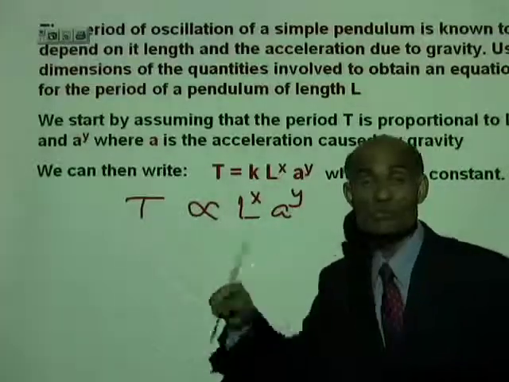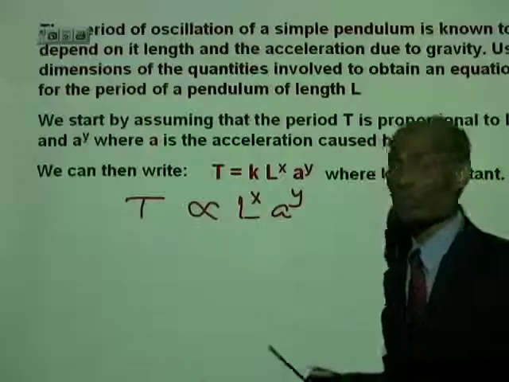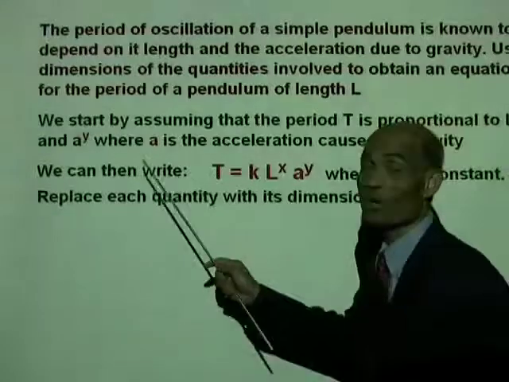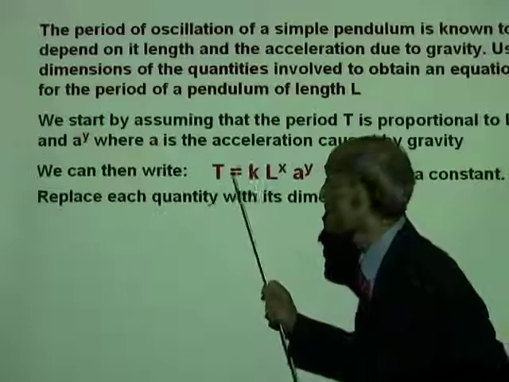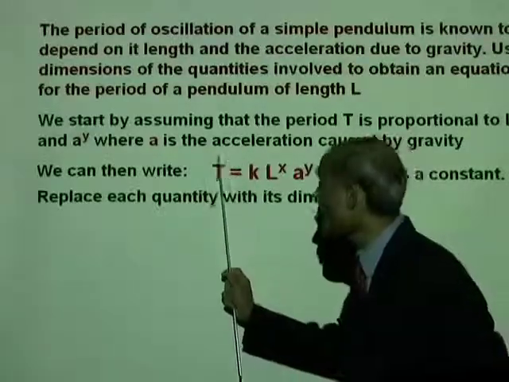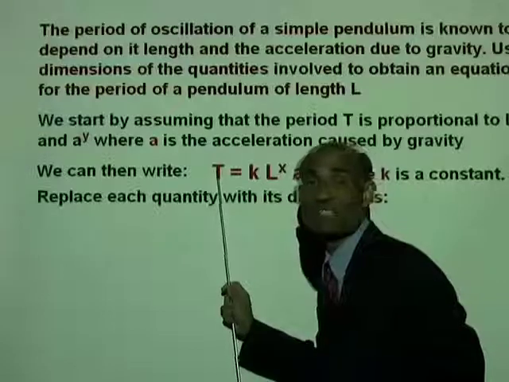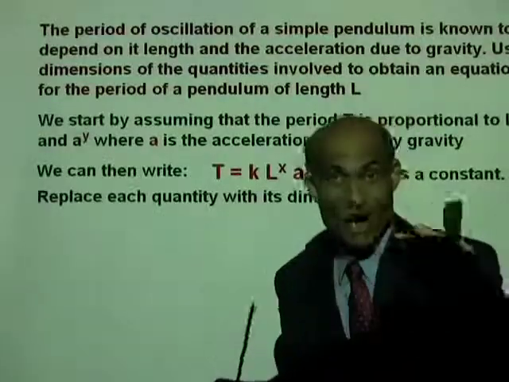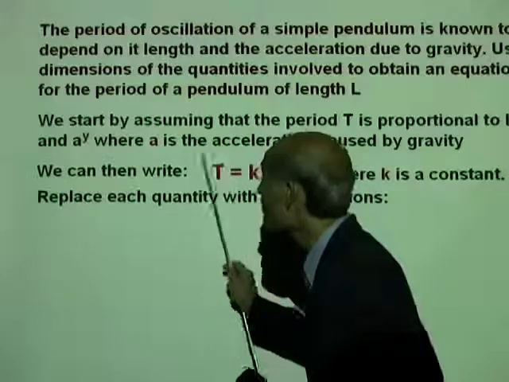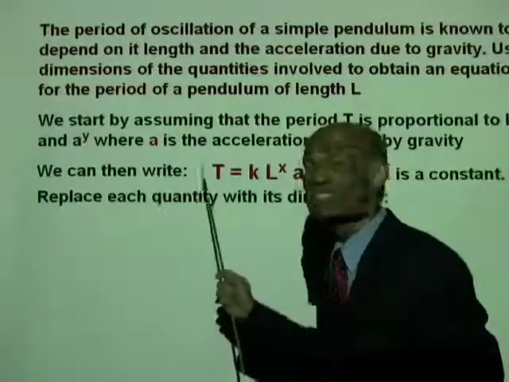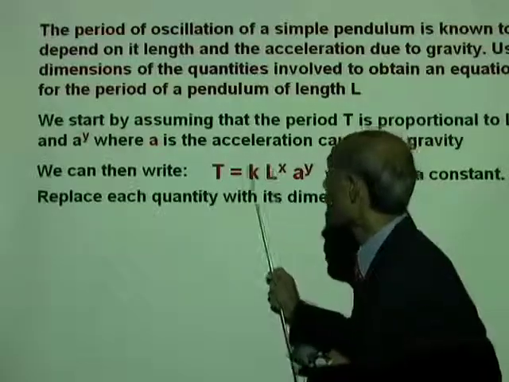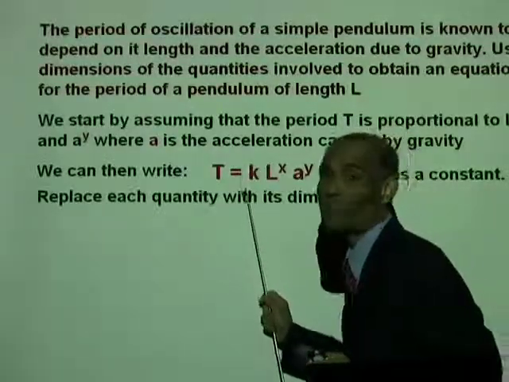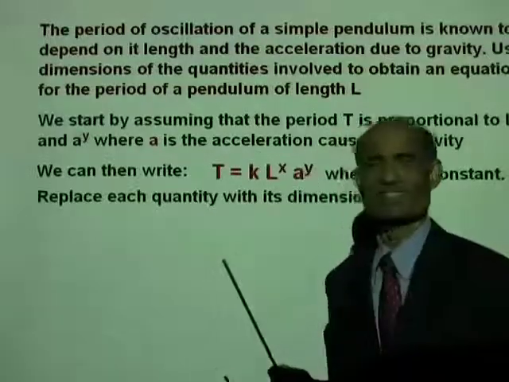Alright, we will use this concept very often in this course. So we will start it like this. Now what you now need to do is replace each quantity by the dimensions. Now on the left side, t, the period, is the time. What is the dimension of the period t? It is t itself, uppercase T. So we don't need to do anything there. And on the right side, tell me, what is the dimension of a constant?